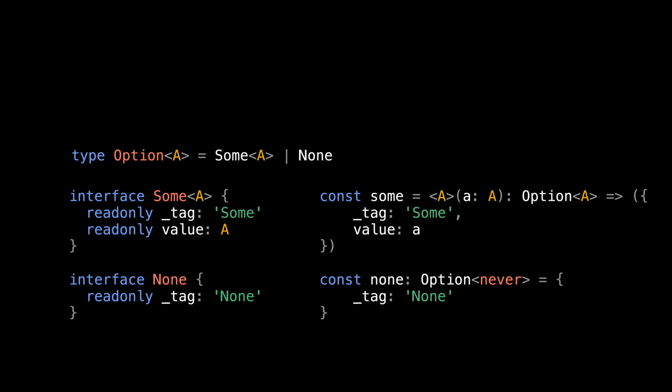As you see again, none object is treated as a singleton value and sum object wraps a value. This is actually the way FBTS implements these types. FBTS is one of the most well-known libraries for functional programming in TypeScript. I'll put a link to this library in the video description.